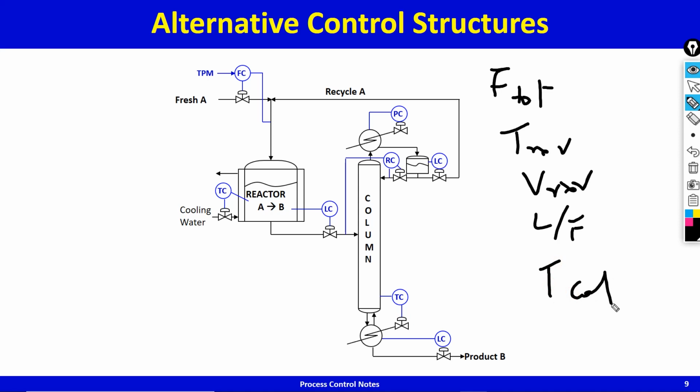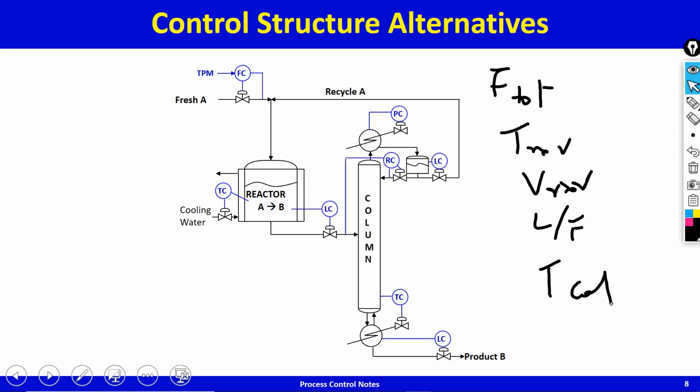These are the 5 steady state degrees of freedom corresponding to the control structure. In the previous case, if I go back, in this case, the only difference is instead of F tot, I am specifying fresh A feed. Everything else is the same.